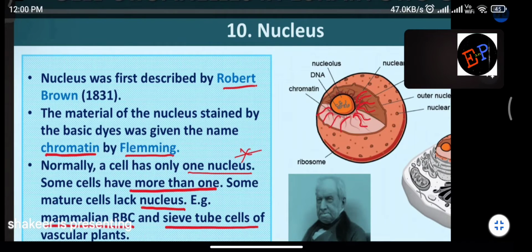So surrounding the xylem and phloem, you can find these sieve tube cells. So in two types of cells, nucleus will be absent. What are the two types of cells? One is mammalian RBC when it matures, and the second one is sieve tube cells. When these cells also mature, you don't find the nucleus. Clear, ma? So these are two important ones which you should remember. Okay.